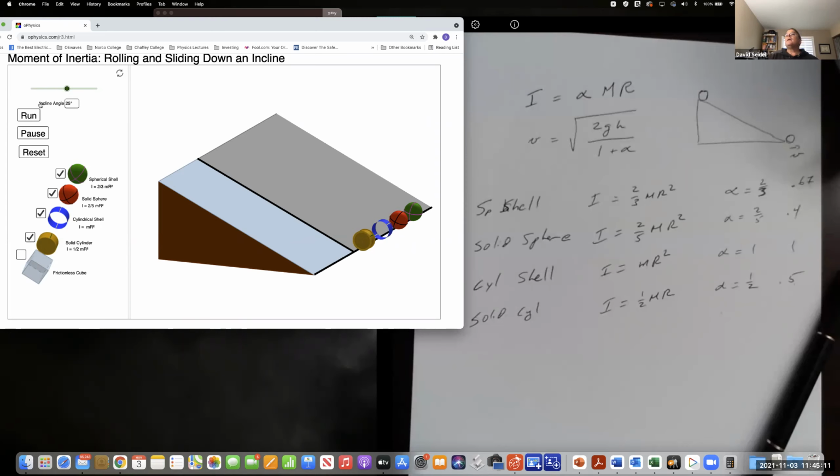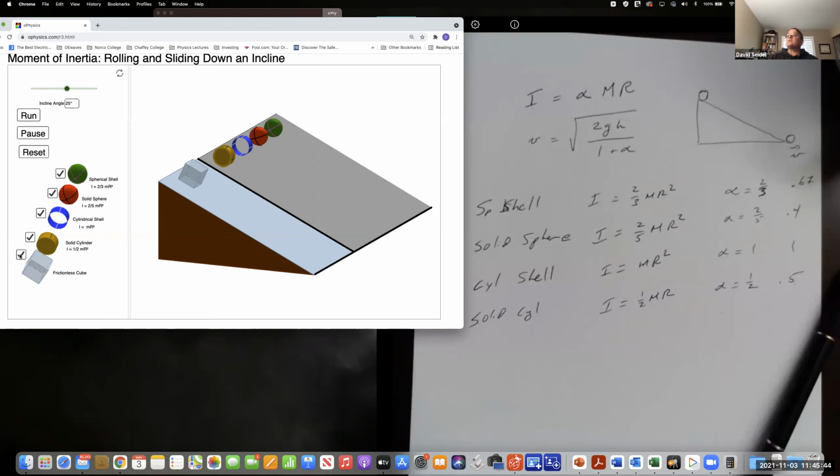Now, we said here, energy, we just learned, has to go into rotation. These are all rolling without slipping. Suppose I put a cube on a sheet of ice and it's frictionless. Now, which one of these is going to hit the bottom first? Like the solid sphere and the frictionless cube.